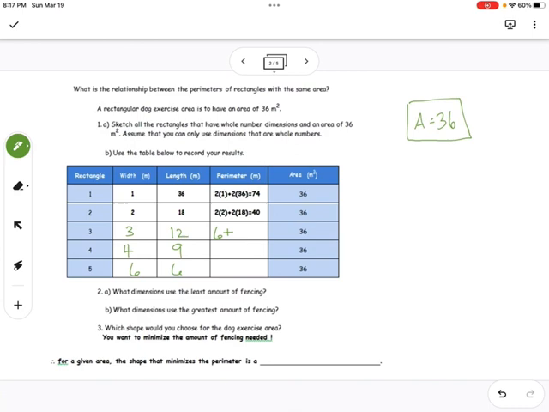And 12 times 2 gives us 24. So the perimeter, 6 plus 24, gives us 30. So we notice with our perimeter, we started with 74, went to 40, went to 30. So our numbers are going down each time.